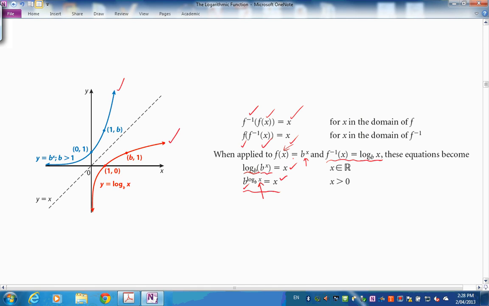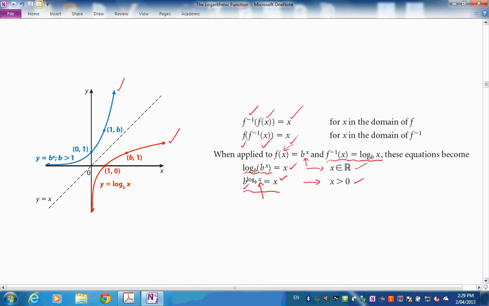In our exponential function we can put any x in, x is a member of R, but in our inverse function, x must be greater than 0, because we can't find the log of a negative number. We're using positive bases. When positive bases are raised to powers, they give positive numbers. There's no equivalent power of a base for a negative number.